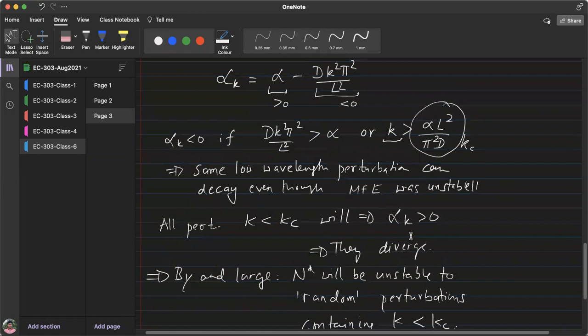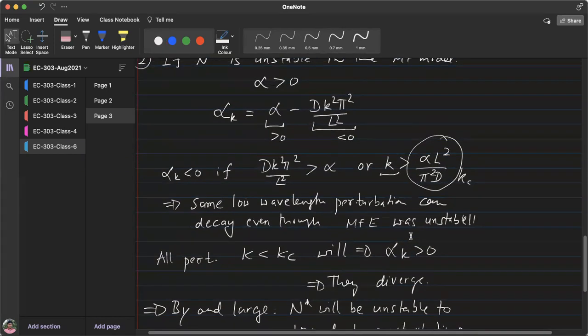Sir, should it be k square greater than alpha L square by pi square d, right? Yeah, thank you. So Kc will be the square root of alpha L square by pi square d.